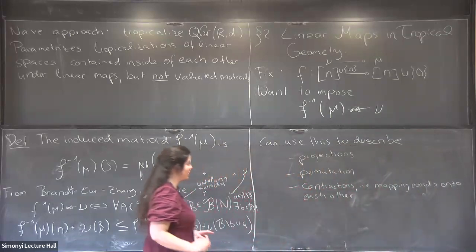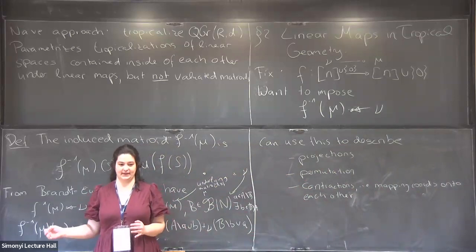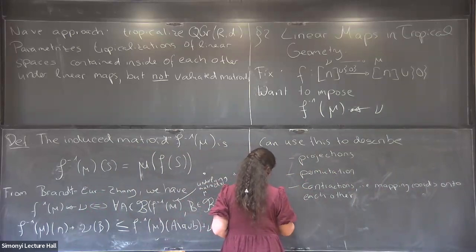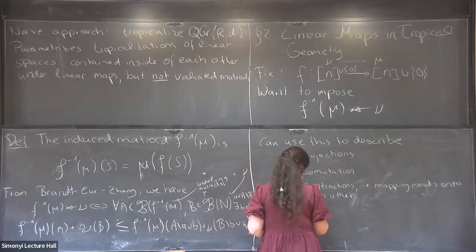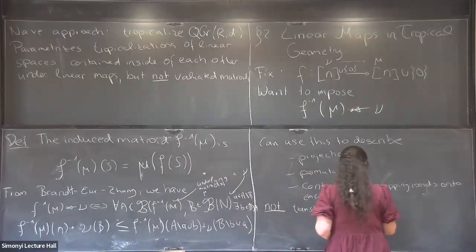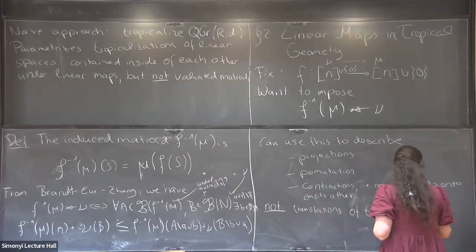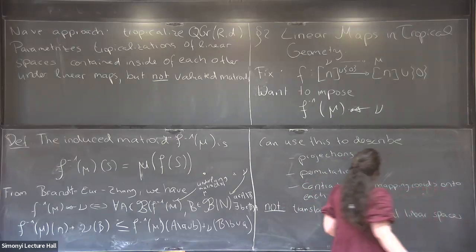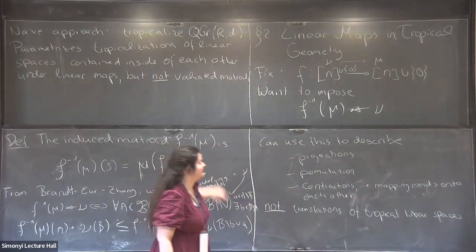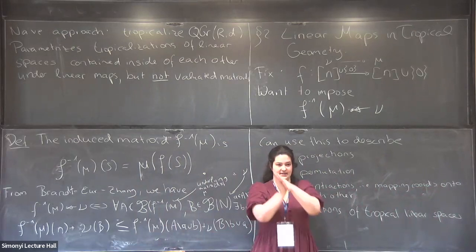One thing this definition does not allow you to do is characterize things like translations of tropical linear spaces. But there is an easy fix to that: introduce a second component to this map that allows you to shift each of the ground set elements in the direction you want.